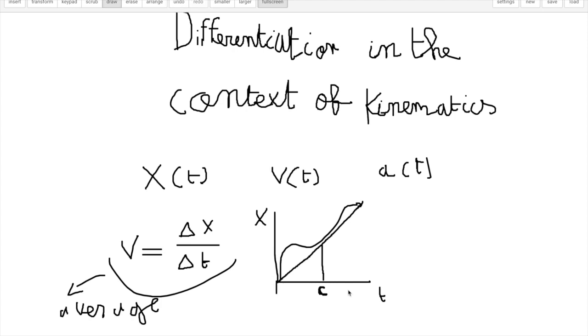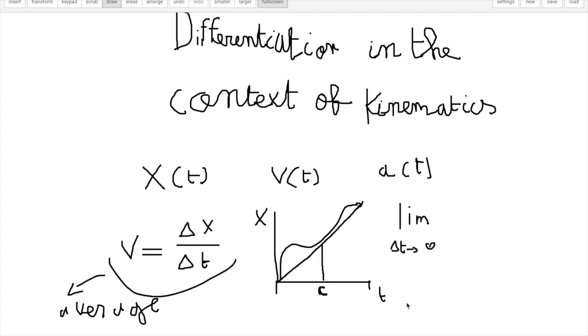What if you were to shrink these two intervals so much that they get infinitesimally close to zero, but never get to zero? This is the definition of a limit. So we want to take the limit as the change in time approaches zero. And essentially, we reach the definition of a derivative.